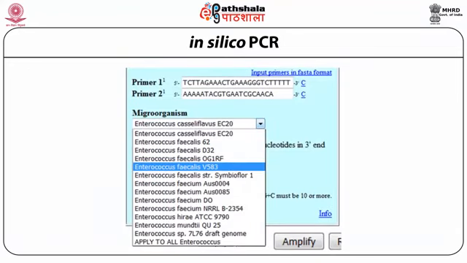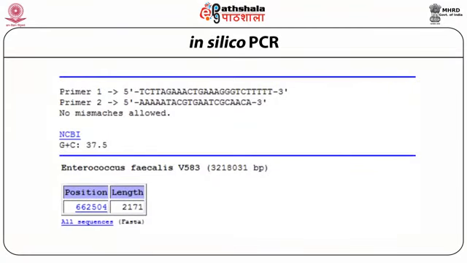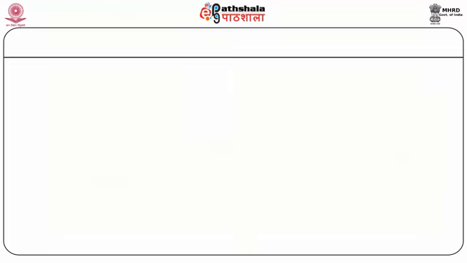Paste the primer sequences in the provided text boxes, select Enterococcus faecalis and click Amplify button. The result shows that only one fragment of 2171 base pair DNA will be amplified. Therefore, the designed primers are specific and can be used for cloning.